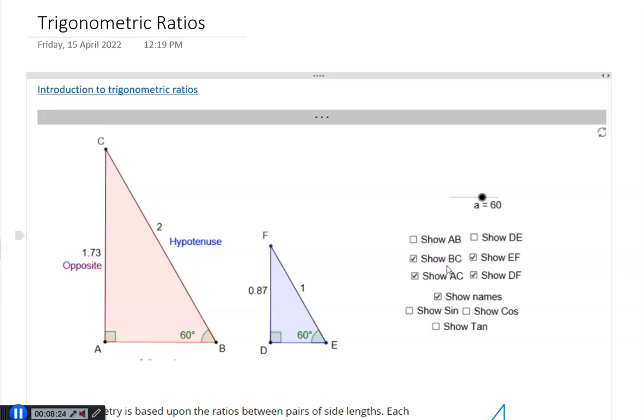Yes, it is. Okay, could you just do that ratio for me? What do you get? 0.865. Okay, so to two decimal places, that's 0.87? Yeah? Okay. Quite obviously it's going to be the same for the other one because it's 0.87 divided by 1. So we've got the same ratio. Are we comfortable with that? Yeah?